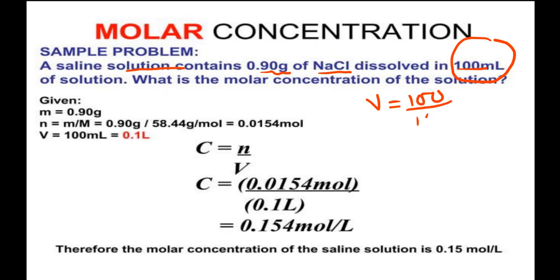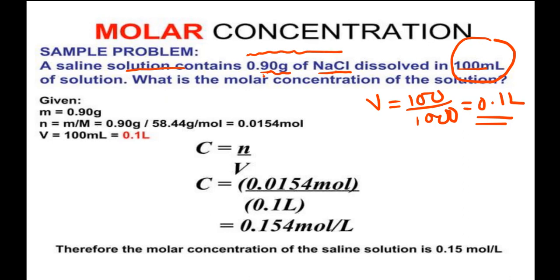Once you have your volume, strive to get the moles. Here we've not been given the moles directly. We've been given the mass of the sodium chloride instead. So we know that the moles will just be equal to the mass over the molar mass.